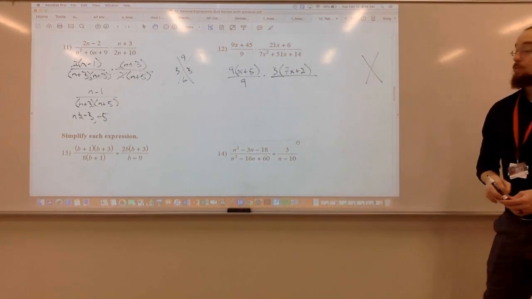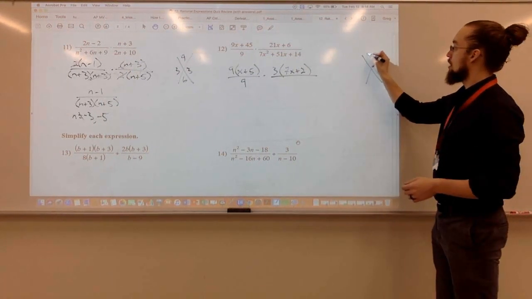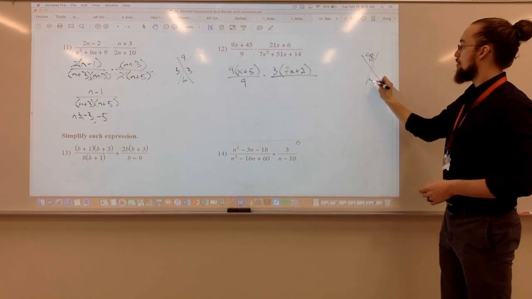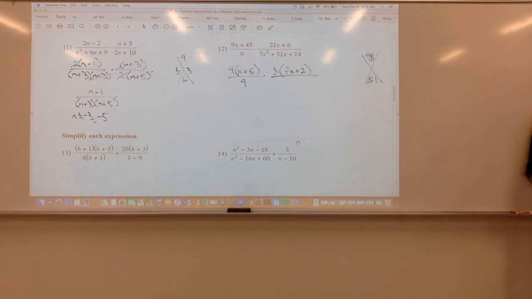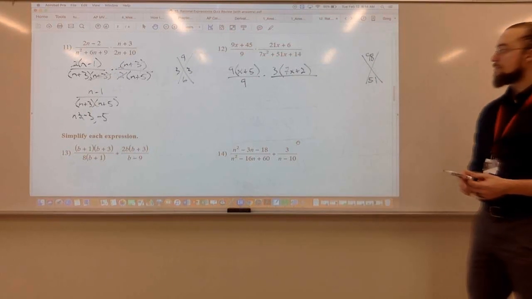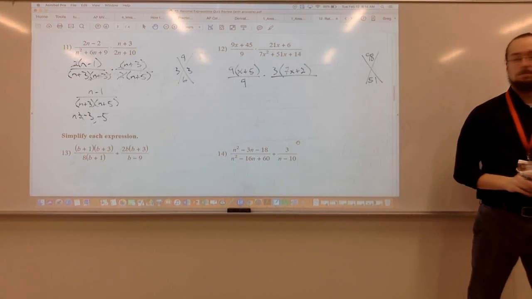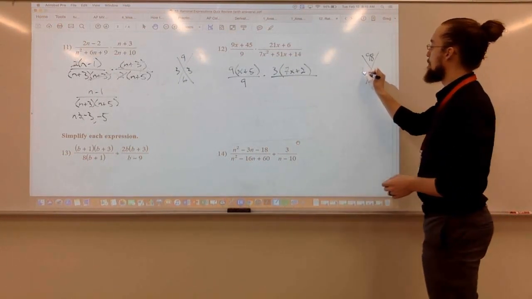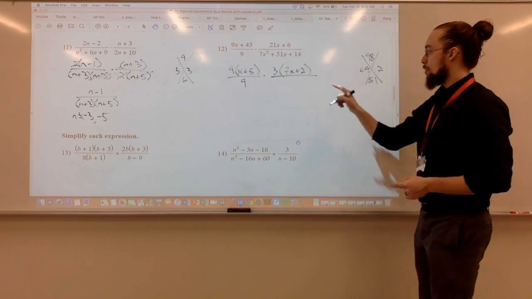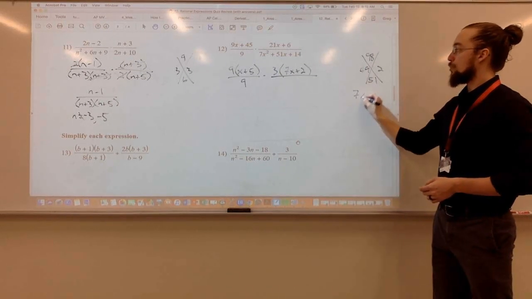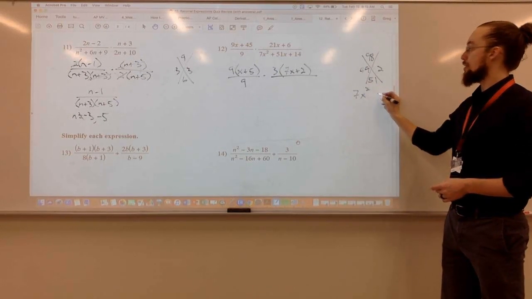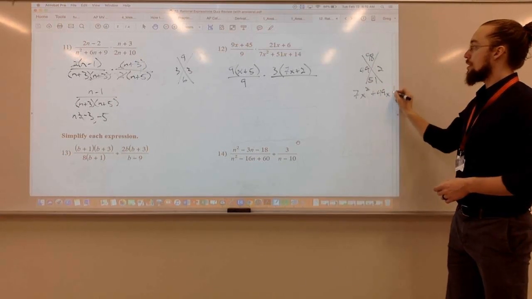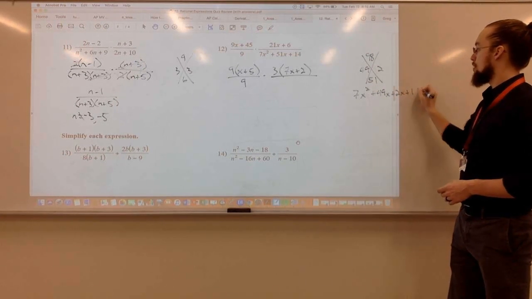So 7 times 14 is 98, and then 51. So 2 numbers that multiply to 98 that add to 51: 49 and 2. So I will have to factor this by grouping. So I can set this up as 7x squared plus 49x plus 2x plus 14.